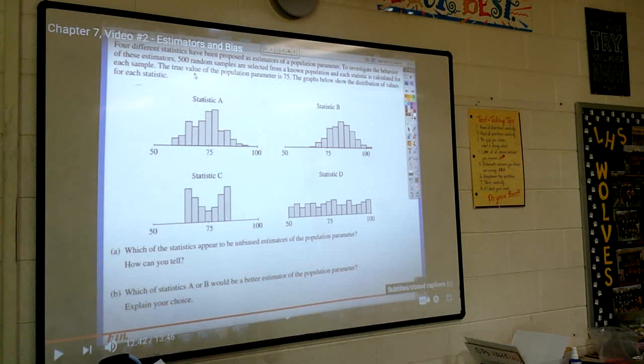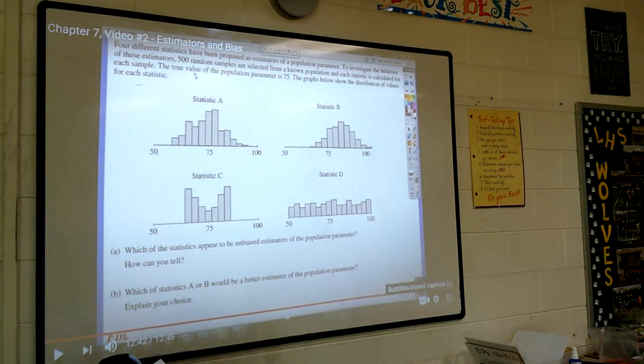To investigate the behavior of these estimators, 500 random samples are selected from a known population, and each statistic is calculated for each sample. The true value of the population parameter, that means the whole population, the actual mean, is 75. The graphs below show the distribution for each sample for the statistics.